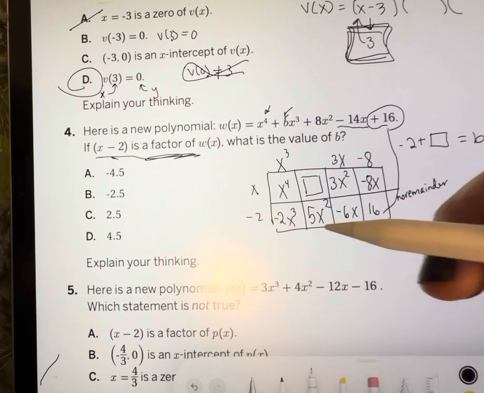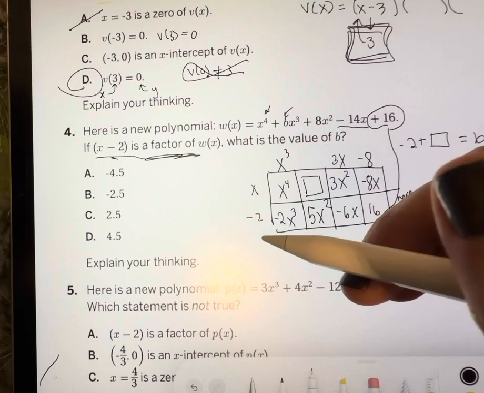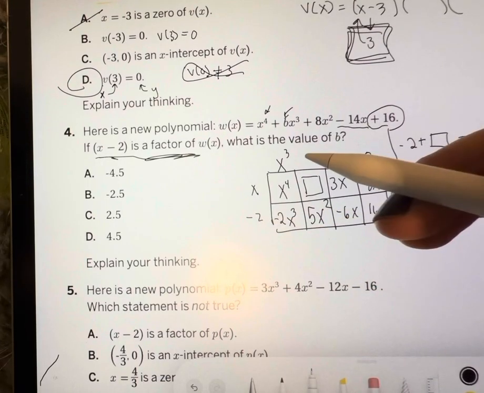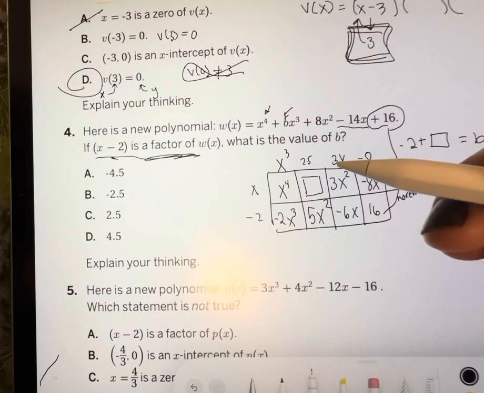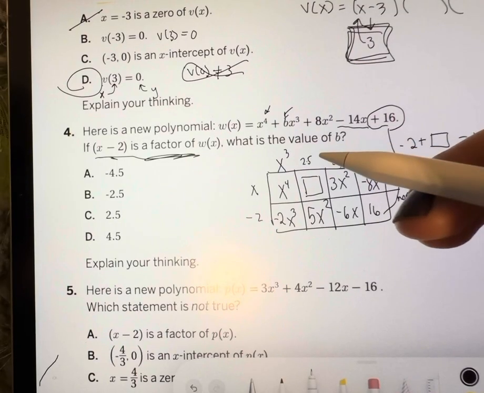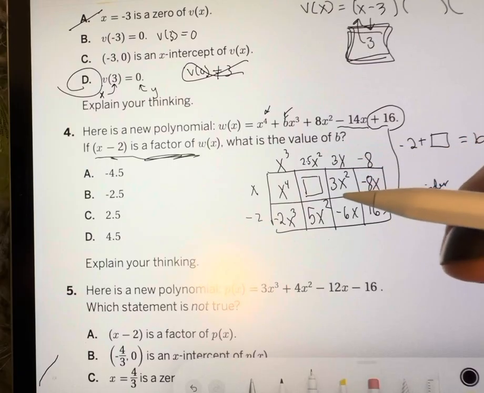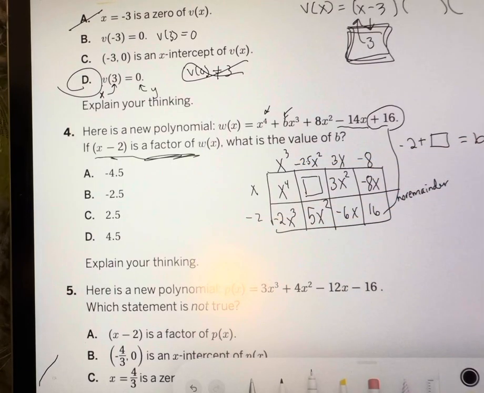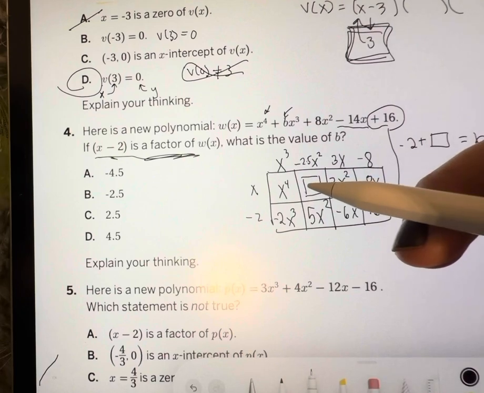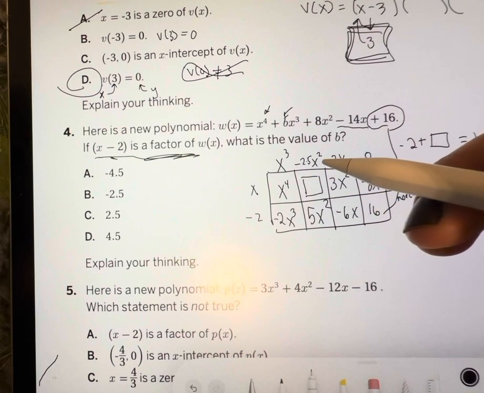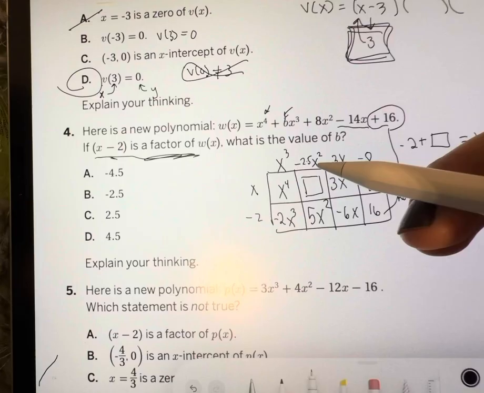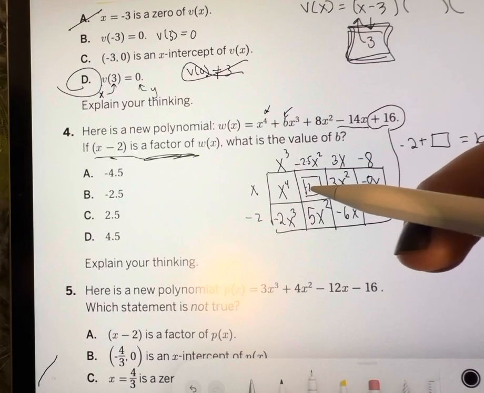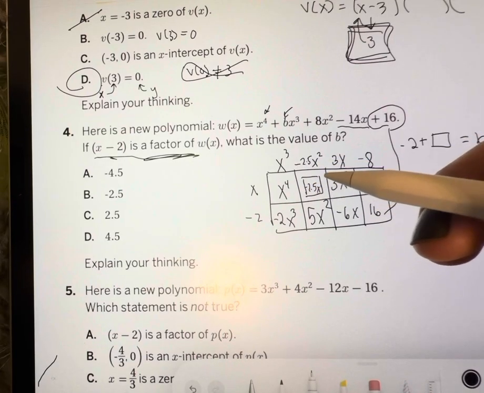So then now, if there's a 5 there, what multiplies by 2 to make 5? That's 2.5. 2.5x squared, with a negative. So the negative and negative will cancel and make the positive, which makes this guy right here negative 2.5x cubed.